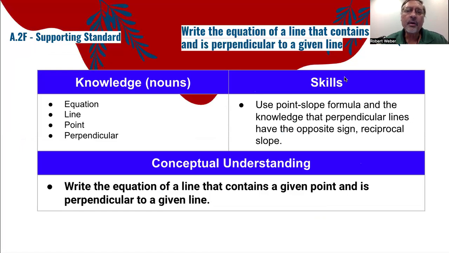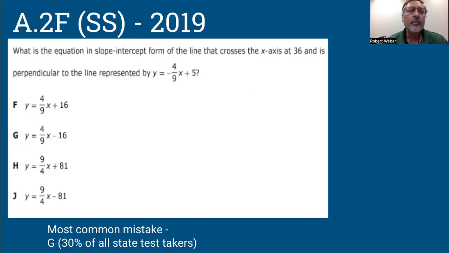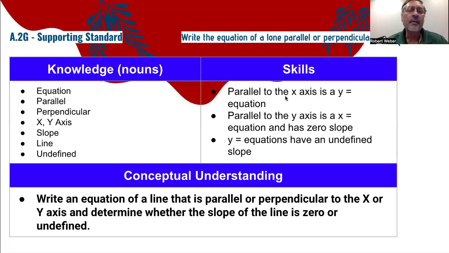Oh, I just see they're just out of whack as far as the numbering. Okay, I will adjust that. But you can see 2F, which goes along with our previous TEK 2E as well. Most recent example from 2019. I'm going to guess there might be something more relevant than that, maybe in the 2024 version.